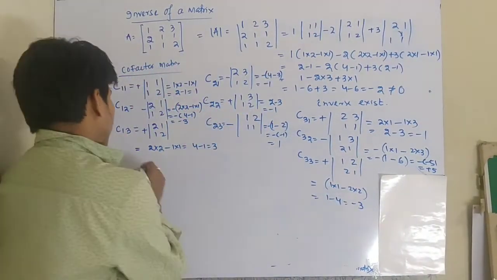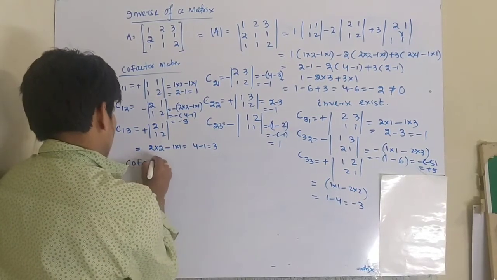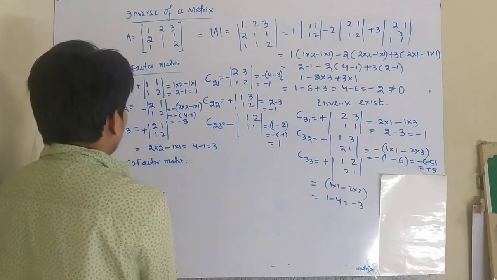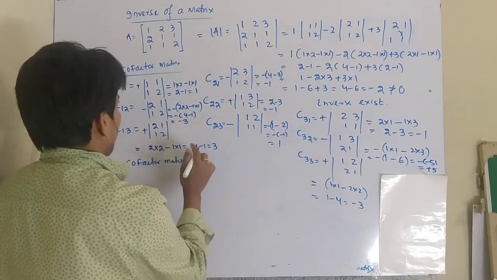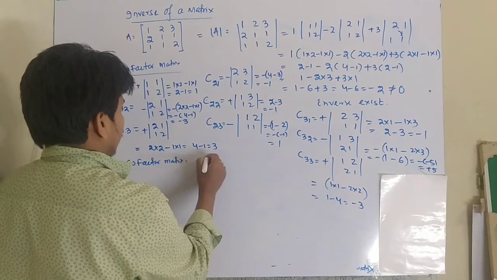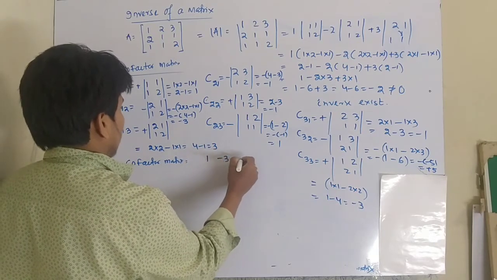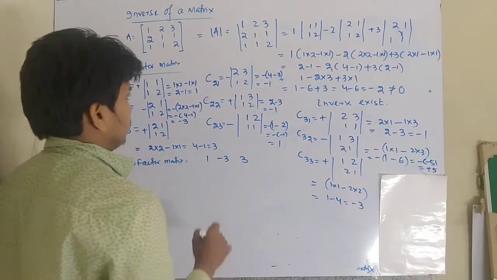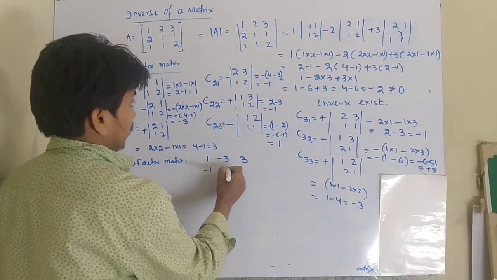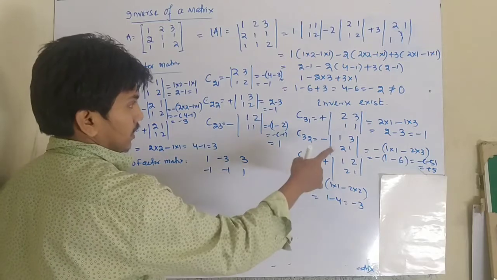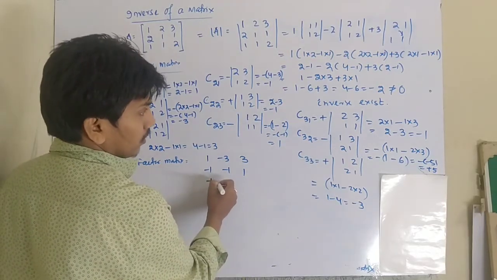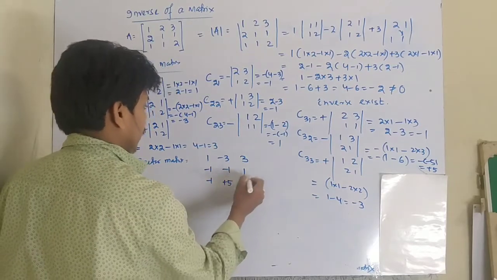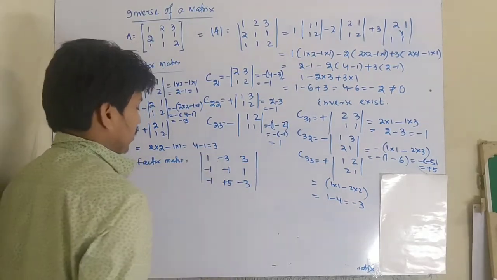So what is the cofactor matrix? This is 1, minus 3, 3, minus 1, minus 1, 1, and this is minus 1, plus 5, minus 3. This is the cofactor matrix.